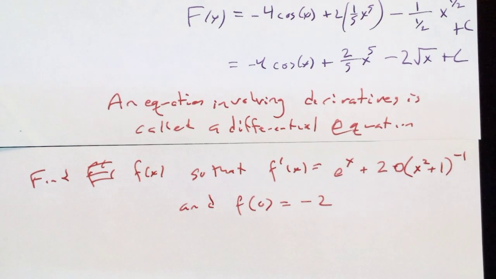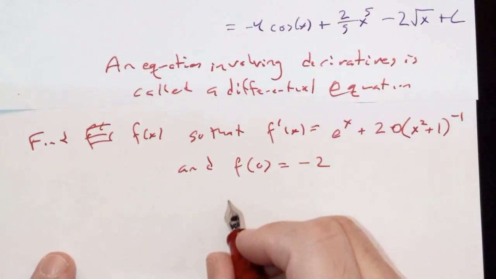Find f of x so that f prime is this given function, e to the x plus 2 times the quantity x squared plus 1 to the negative 1, and f of 0 is negative 2. This extra piece of information is called an initial value or a boundary value, sometimes initial condition or boundary condition.